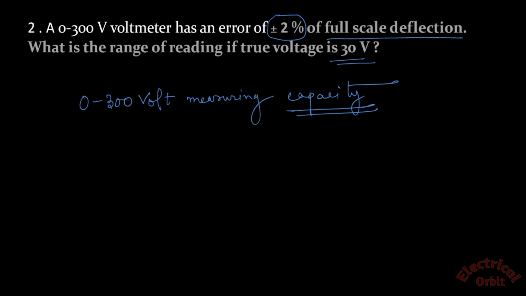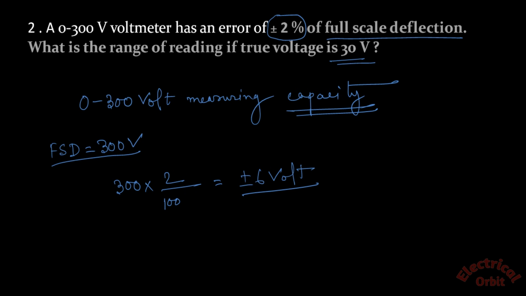Now what is the full scale deflection of the voltmeter? That is 300 volt. Now what is the range of error? 300 into 2 by 100, because there is plus minus 2%, so this is equal to plus minus 6 volt.